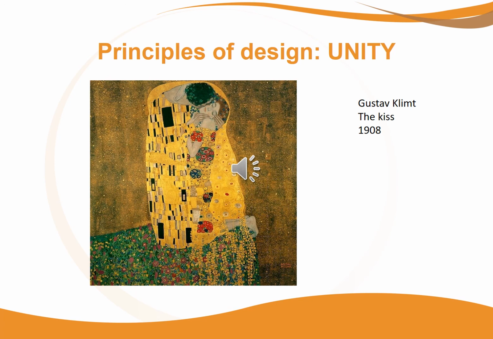The message in this painting is the unity of two people through a kiss. Everything in the painting complements the key theme and concept. Placing an image on the page because it looks good is not unity. Placing the image on the page because it enhances communication of the artwork's theme, that is unity.